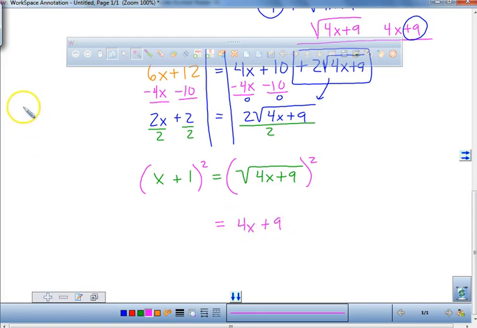Now, everybody, this is something that you need to know because it is very common in any type of standardized test: SAT, ACT, TSI. You need to know what the squares of binomials are, and you need to know them without having to think about them. So we're going to do some practice here.